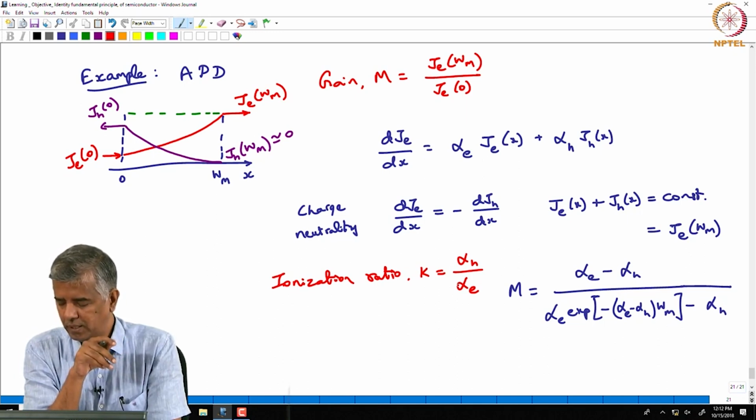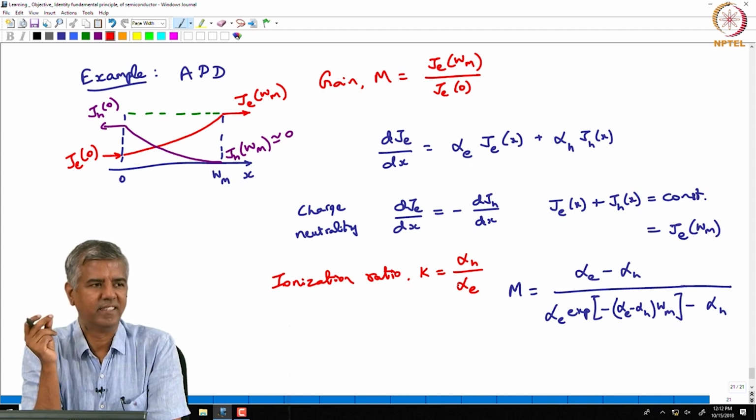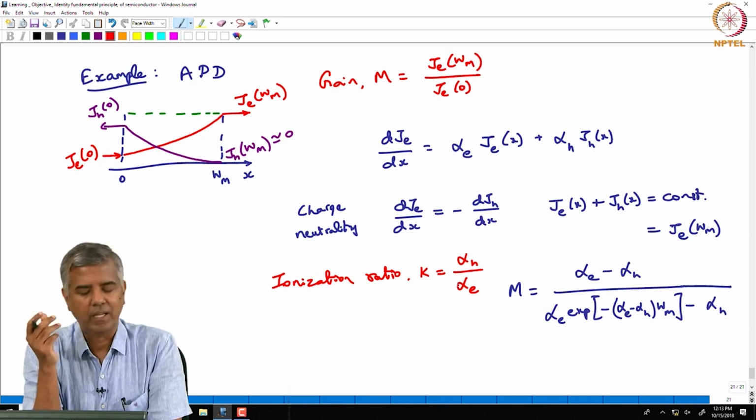So, for materials like silicon and indium gallium arsenide, what can you say about value of k? Is k much less than 1, k equal to 1, or k much greater than 1? K is much less than 1 because alpha h is lesser than alpha e.